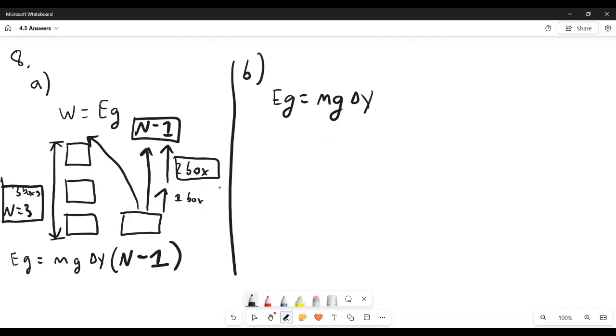And so again, if we do have a bunch of boxes, if we were to calculate the sum of all the boxes, if you were to sort of figure out what the height should be, it's going to look like this. So if we have mg, then you have change in y, and then from there you have to do 1 plus 2 plus 3 plus 4, and then you have to keep on going until you reach n.